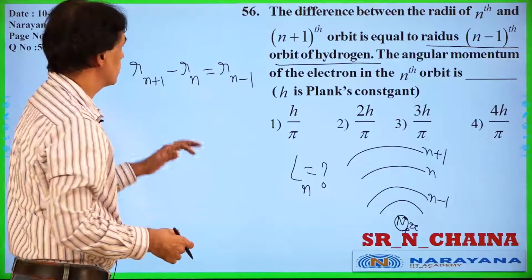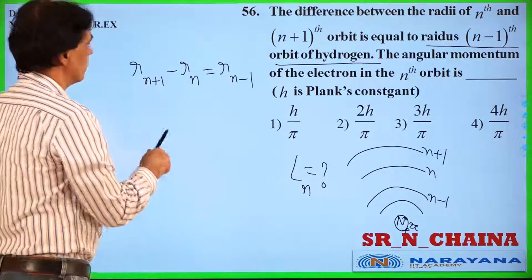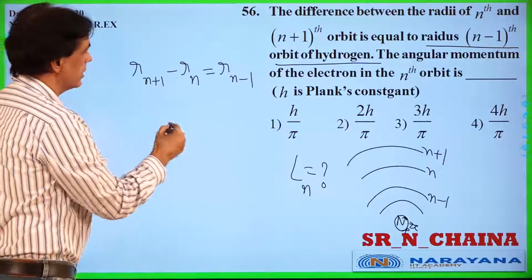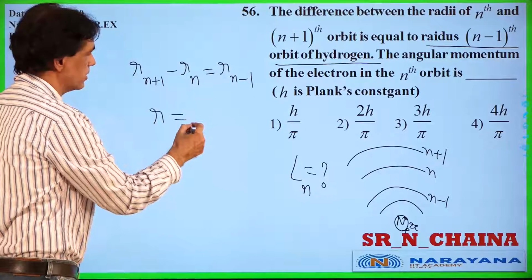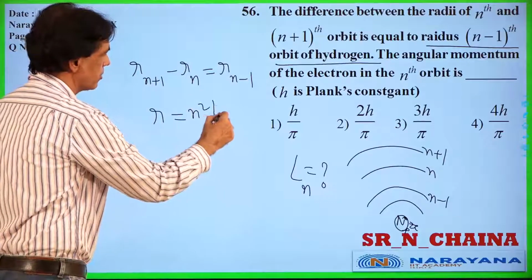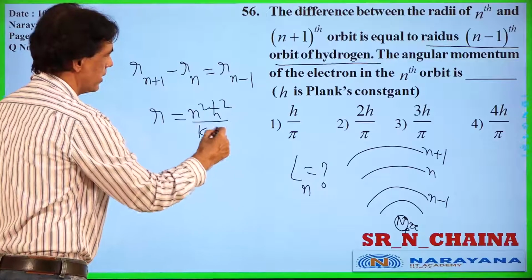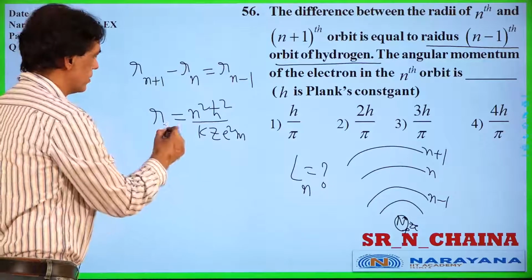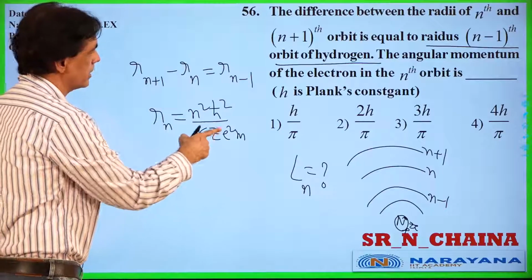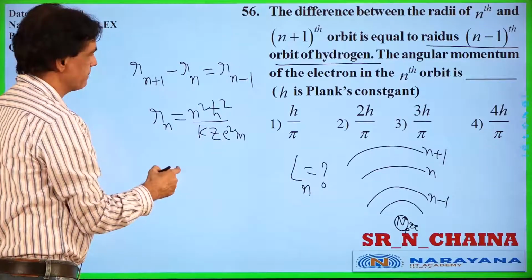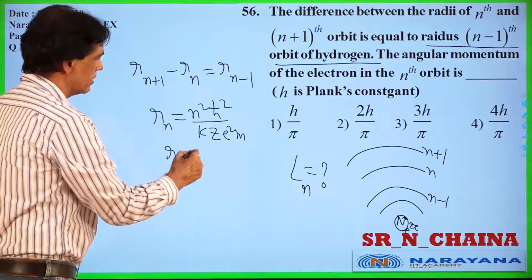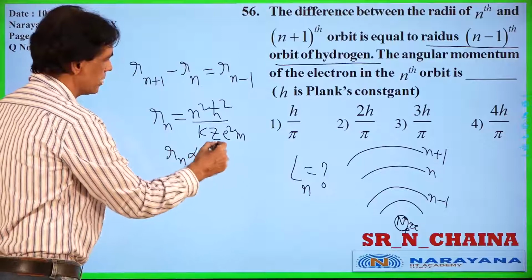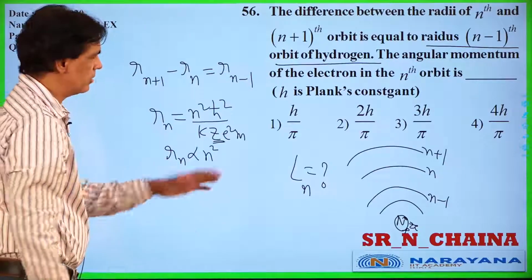Yes or no? So what you have to find out? n value. For that, we know the radius formula, which is n square h cross square by k z e square m. This is the formula for radius of nth orbit, and you can understand that it is directly proportional to n square. Correct? Rn is directly proportional to n square for a given z value, remaining all constant.